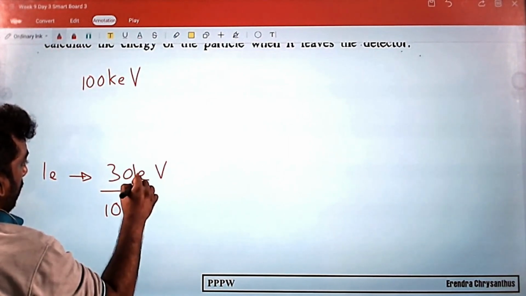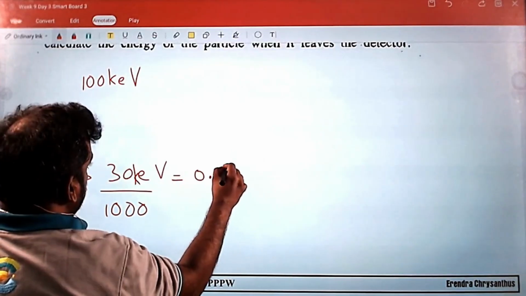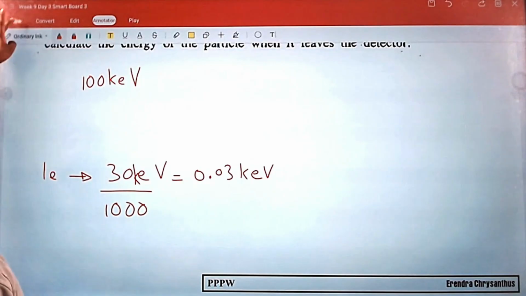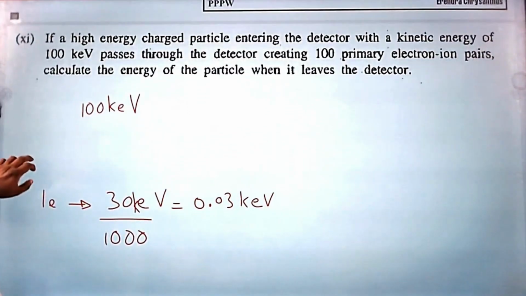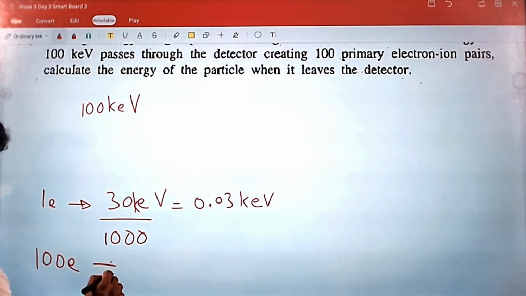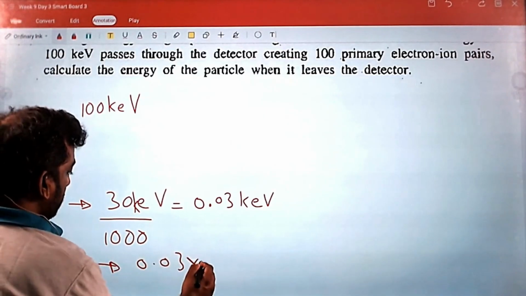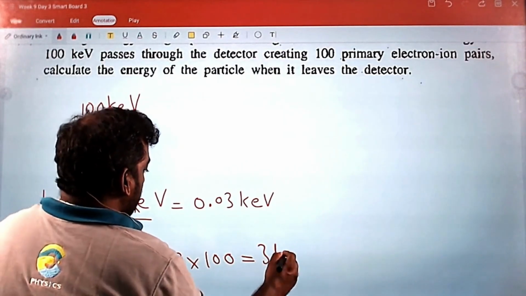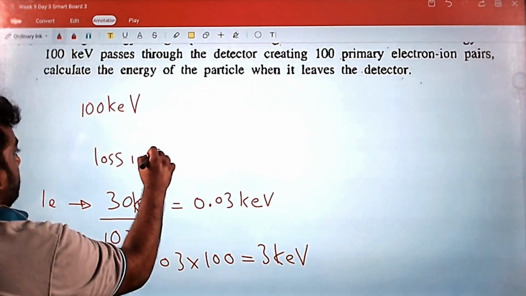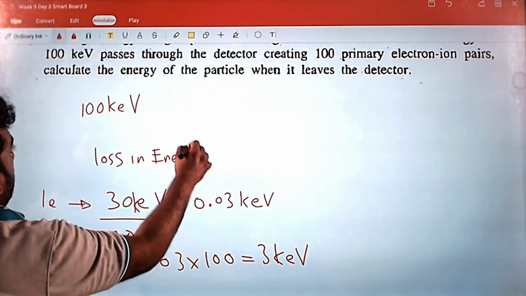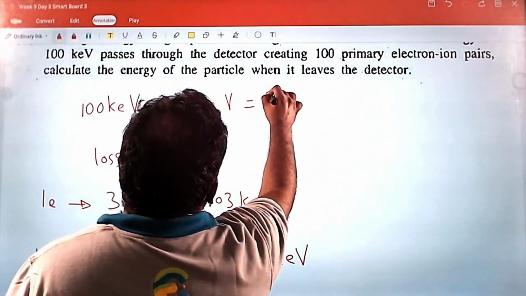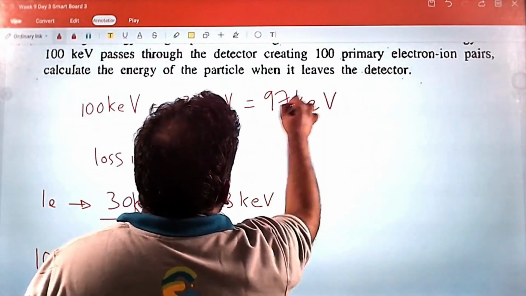Divide by 1000, 0.03 kilo electron volts. How many electrons are generally formed? 100 primary electrons are formed. So 0.03 times 100, 3 kilo electron volts is the loss in energy. So 100 kilo electron volts minus 3 kilo electron volts will give you the remaining, 97 kilo electron volts.